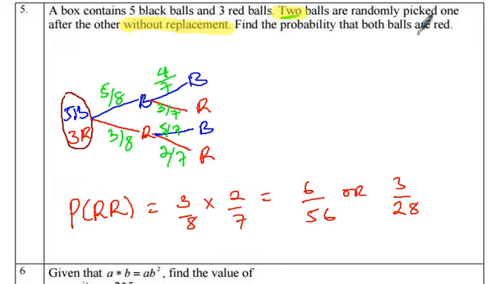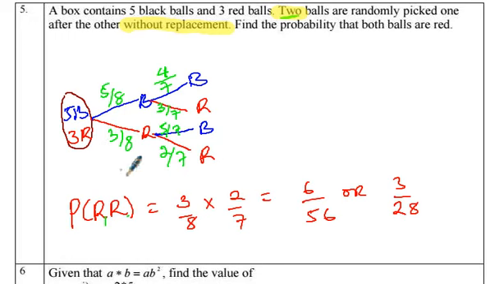Now the question says find the probability that both balls are red. So I pick the first one red and then the second time red, so I'm following this path here, red, red. Please, so long as we are considering probabilities along the same path, we need to multiply the two probabilities.